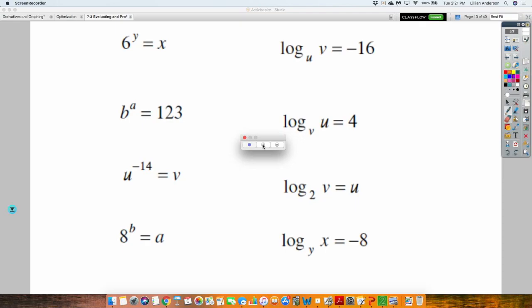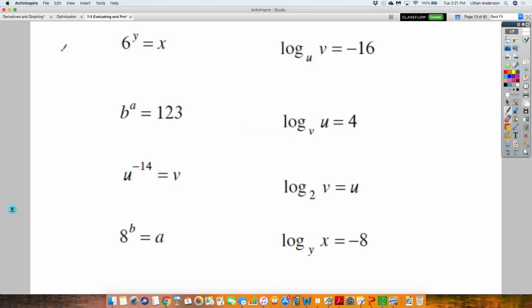So for the next one, when I make my loop, this is going to be log base what? Of what? Equals. Make sure that your base is indeed a subscript. It should be below, on the same line your log is on, okay? It shouldn't look like 6x. It should look like a base of 6 and then an x. Loop around again.